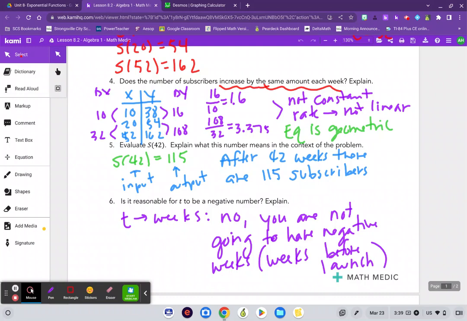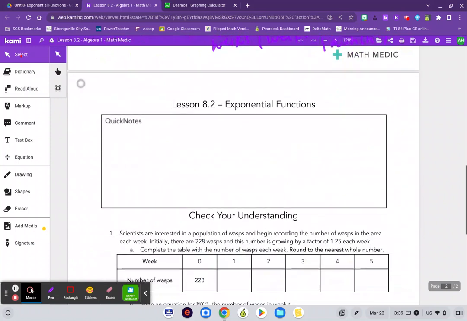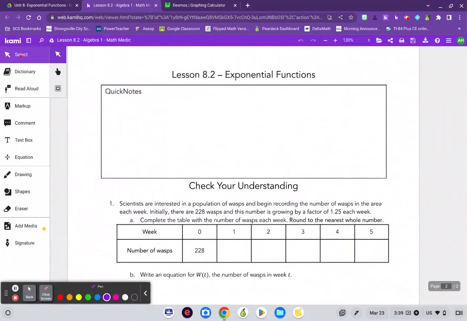All right, so let's go ahead and take some quick notes on the next page. And let's see. We're talking about geometric sequences. That's what we talked about in the last lesson, and we're really still talking about that. Geometric sequences are exponential functions. So they are examples of exponential functions.